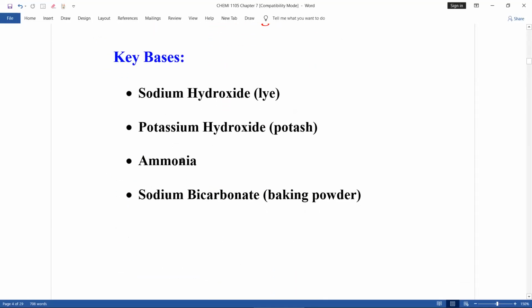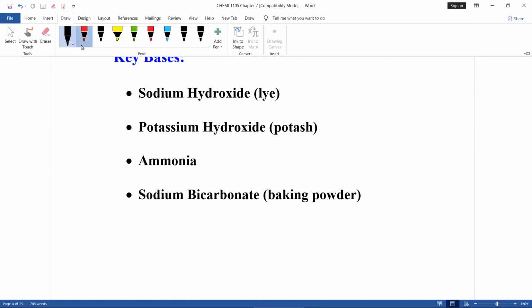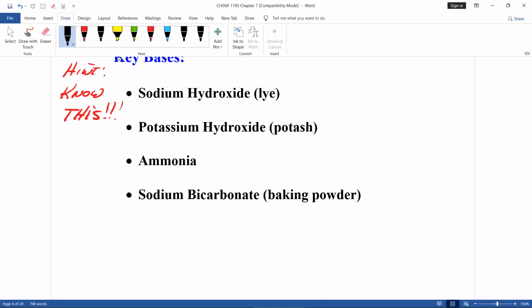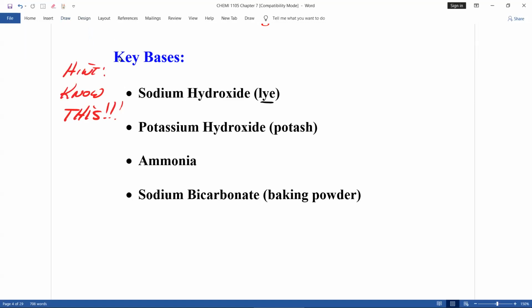Now, there are certain key bases you should know. I don't mean the names, just the structures, that this is a base. The first one is sodium hydroxide, NaOH.